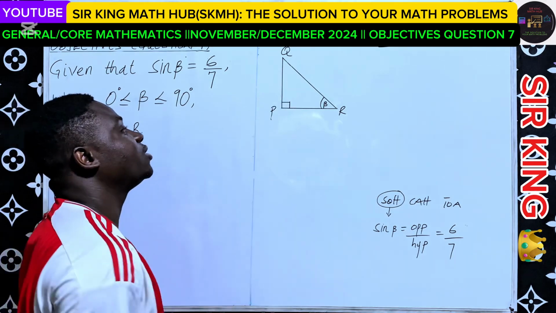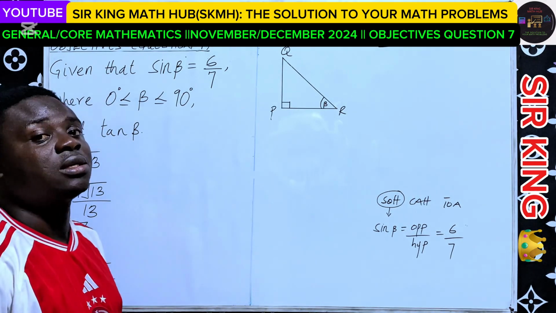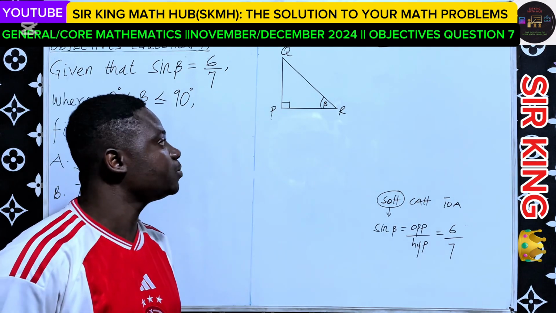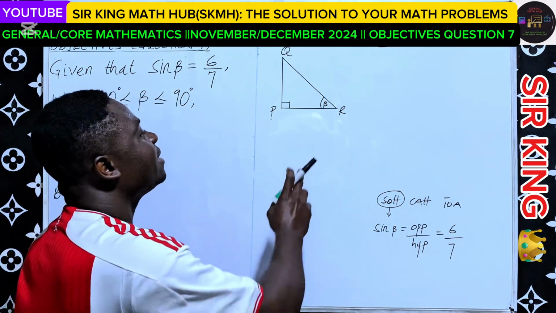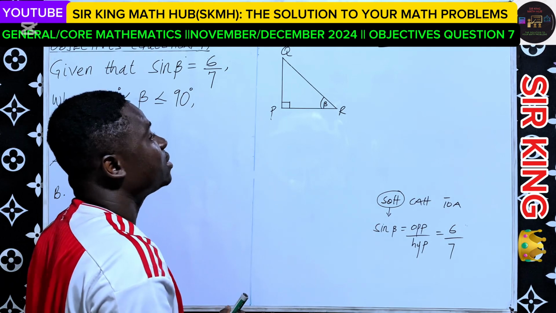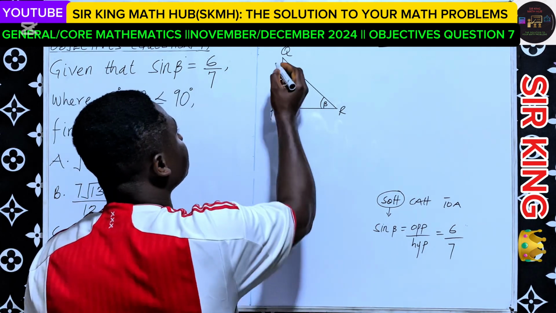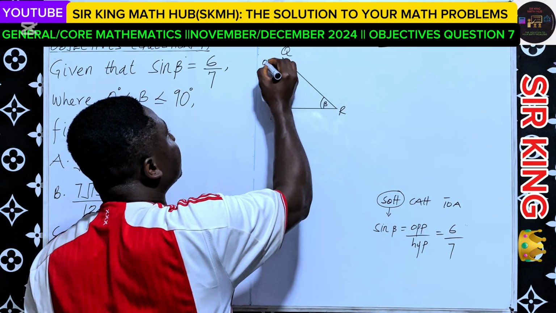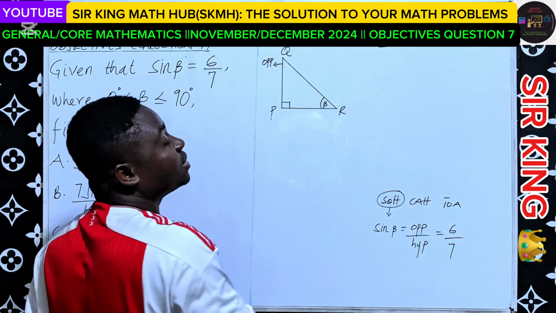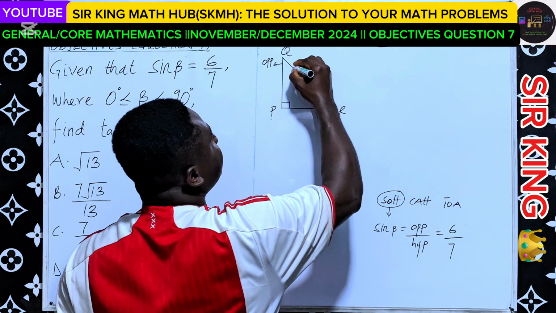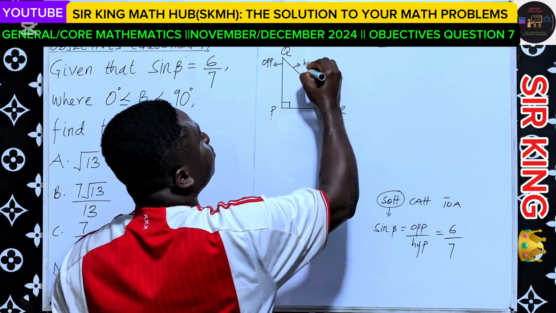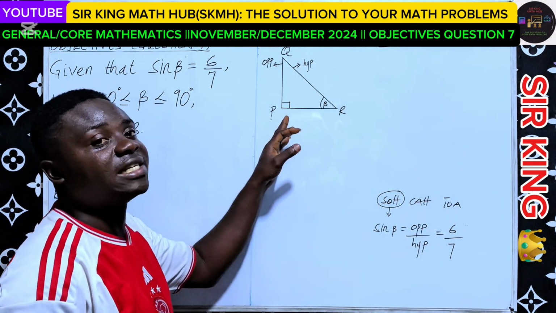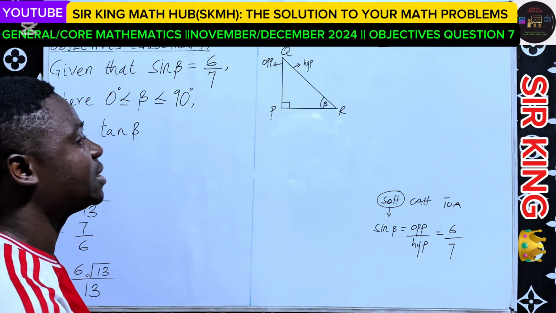So on the right angle triangle, let's also identify the sides: the hypotenuse, the opposite, as well as the adjacent. We know that the side facing the acute angle is the opposite. The longest side, the side facing the 90 degrees angle, is the hypotenuse.